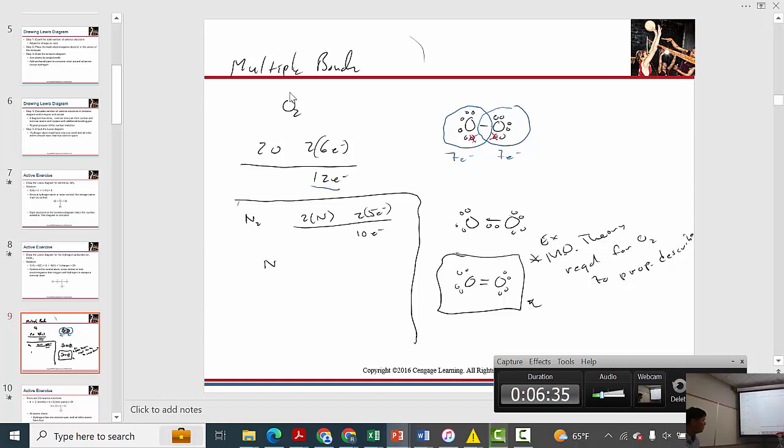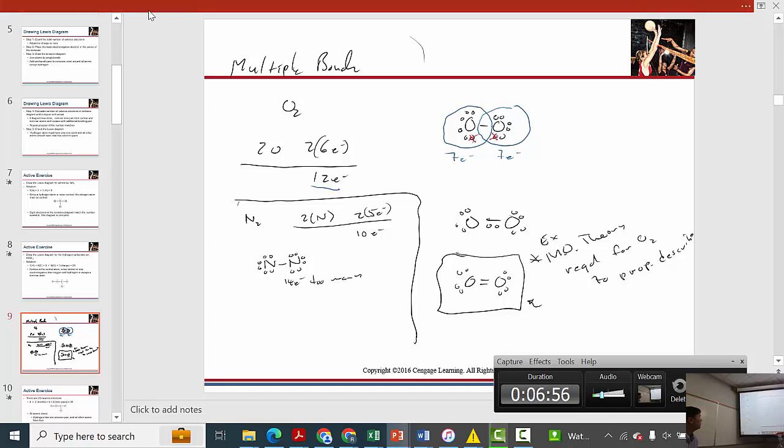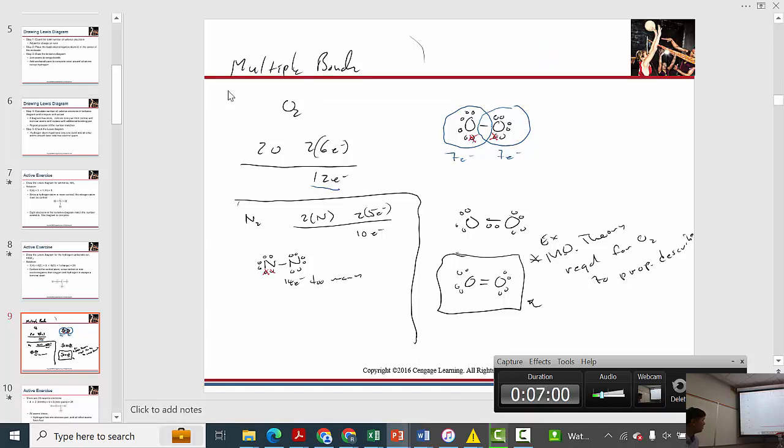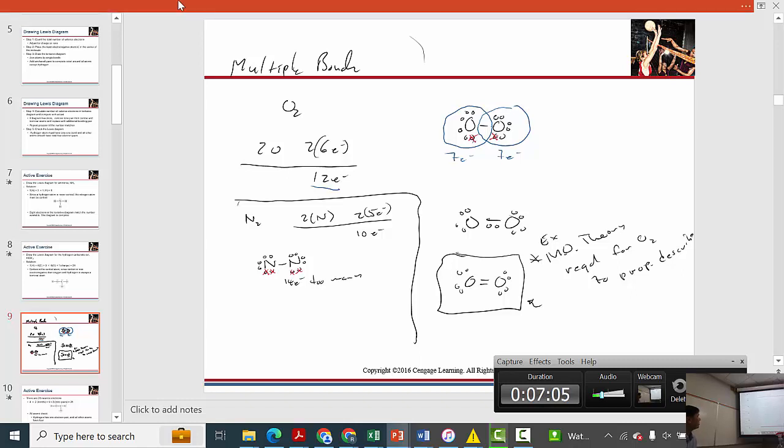If we do something like this and then try to complete the octets, it doesn't quite work out because, again, we're going to end up with 14 electrons here, which is too many. We have to get rid of 4 electrons. So we'll just take 2 electrons from each nitrogen, and we end up with this structure.